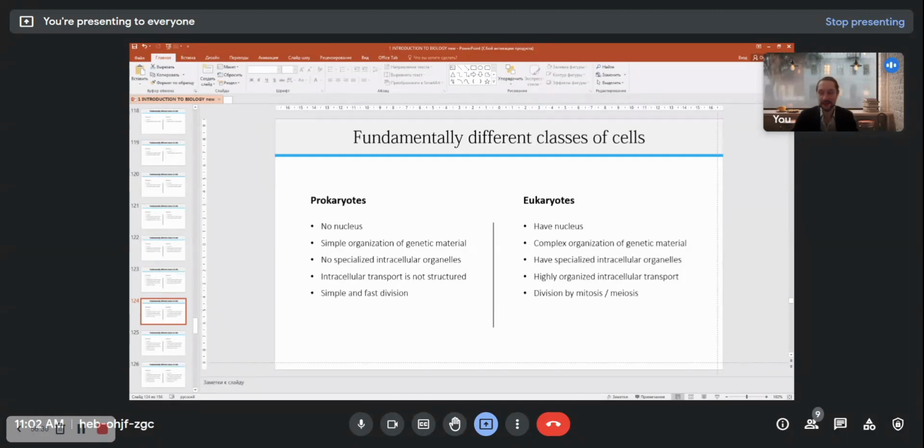They take less time for division than eukaryotic cells, because in order to divide, a eukaryotic cell has to organize a lot of things inside before and during division. Prokaryotic cells can do this more simply. Why is this important? Because some prokaryotic cells are agents of infectious diseases.